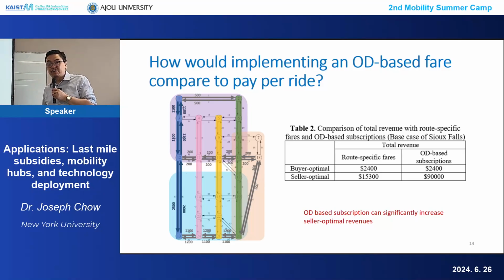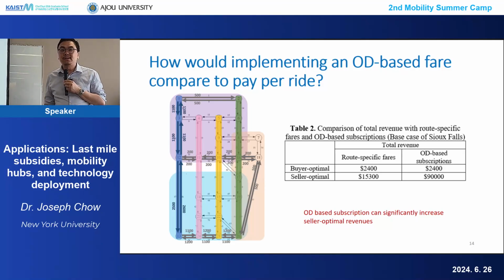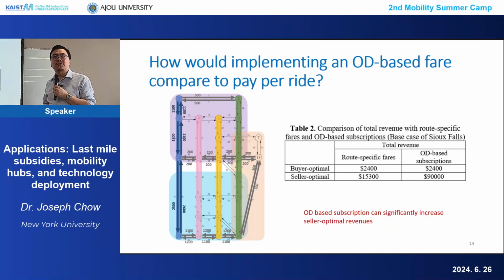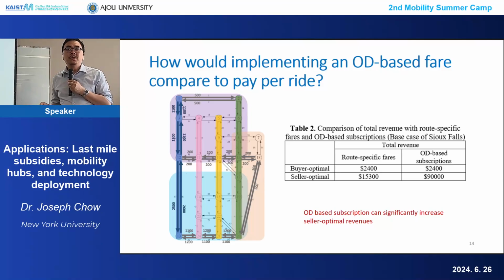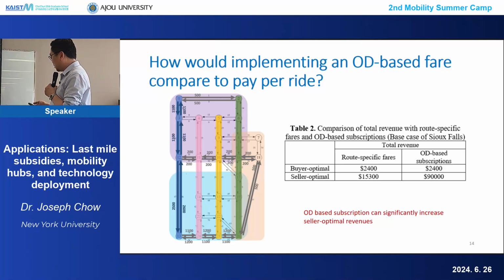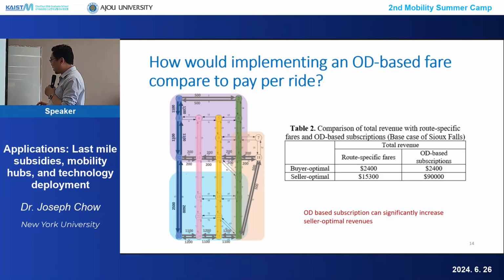So adding up all the operators, which seems quite beneficial to use an OD-based or zone-based pricing scheme, which aligns well with another earlier study I had done with colleagues at UNSW, where we looked at different pricing schemes, and zone-based one seemed to be an effective one. Right, so you definitely consider that if you're thinking about different pricing schemes.